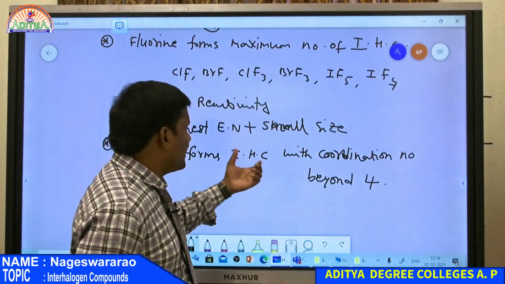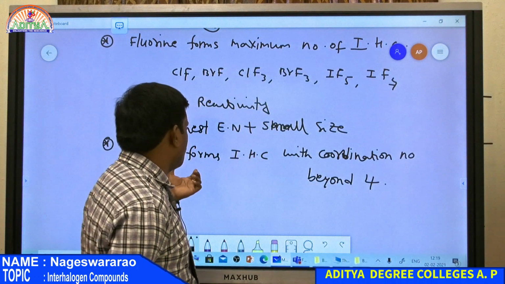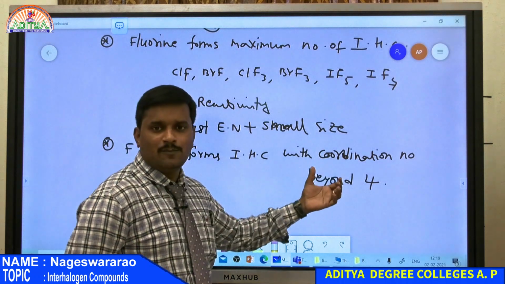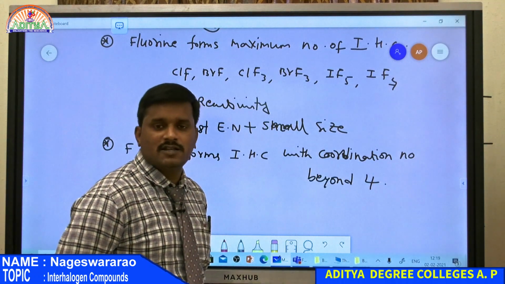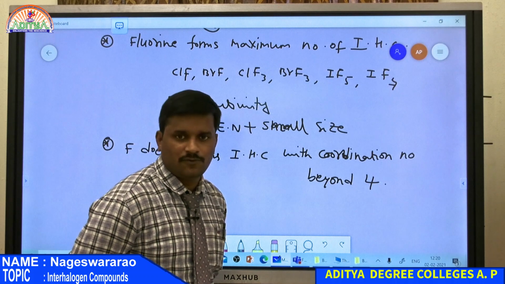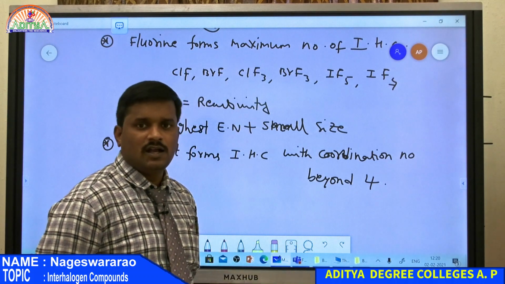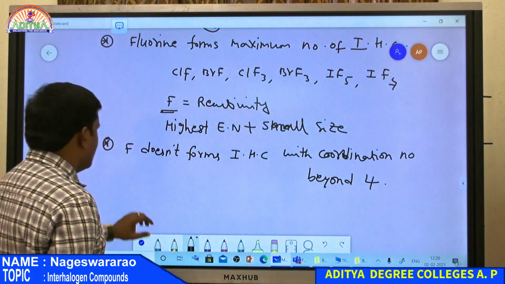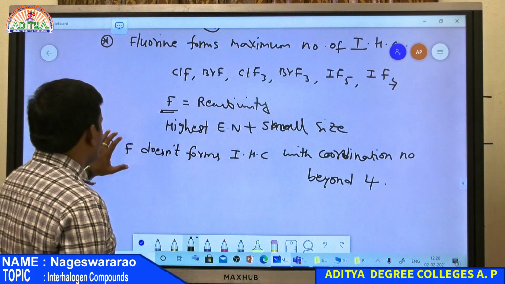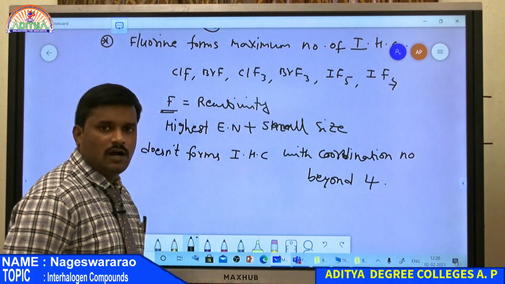In the interhalogen compounds, fluorine always forms a compound in which the coordination number should be less than 4. After 4, it does not form any interhalogen compound. So all these are important characteristic properties of interhalogen compounds.